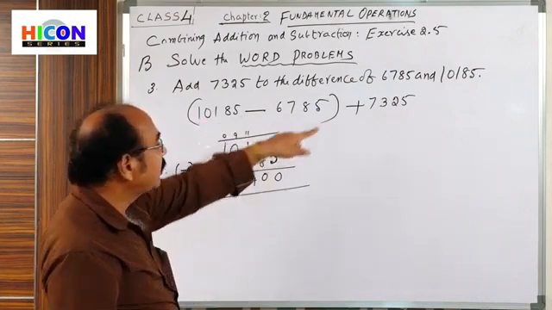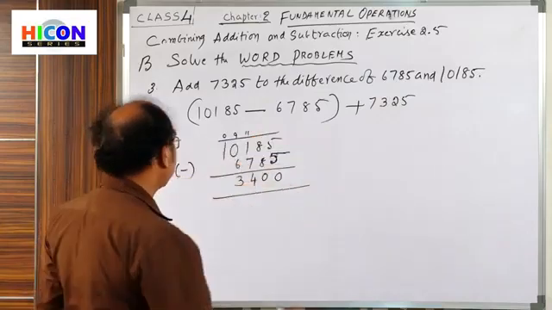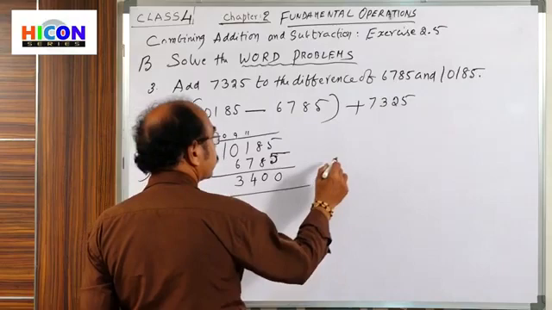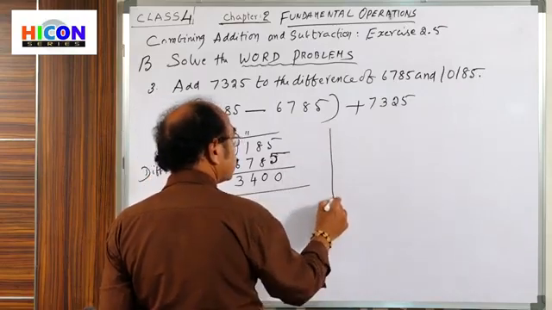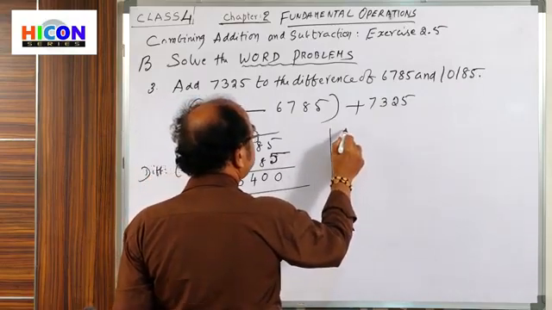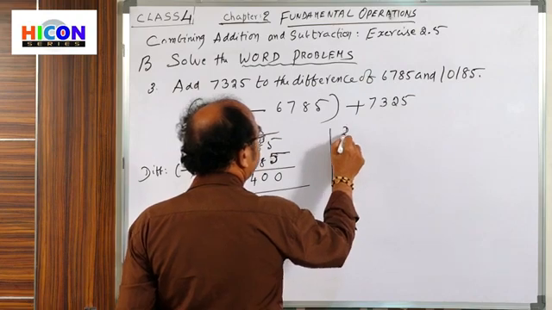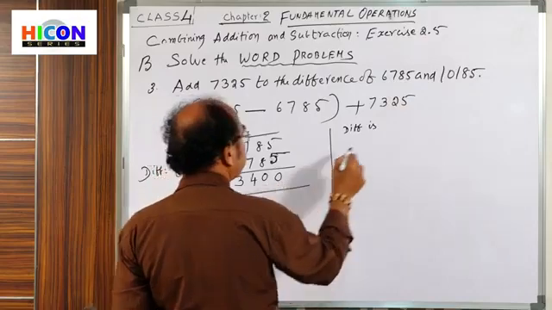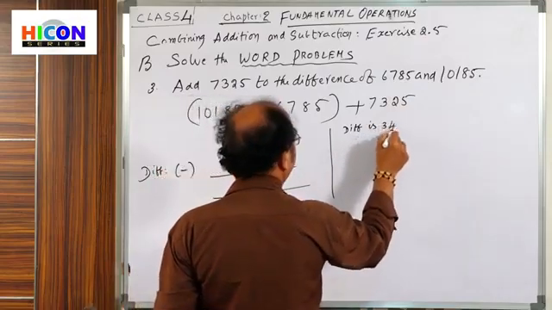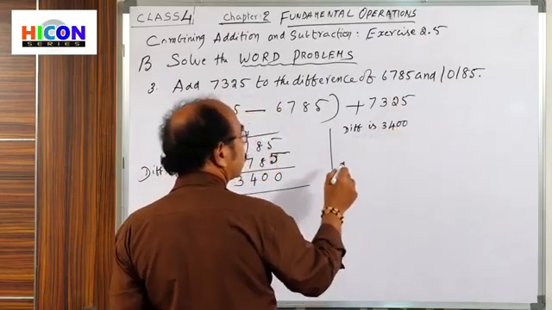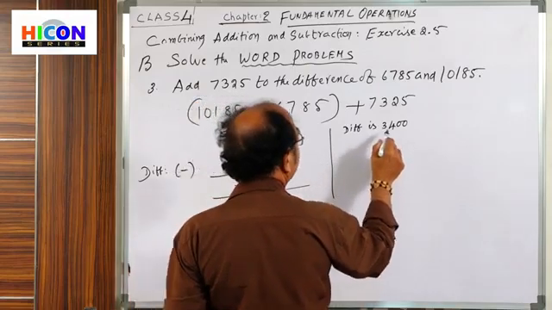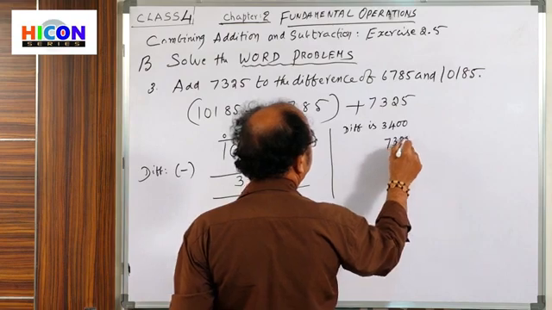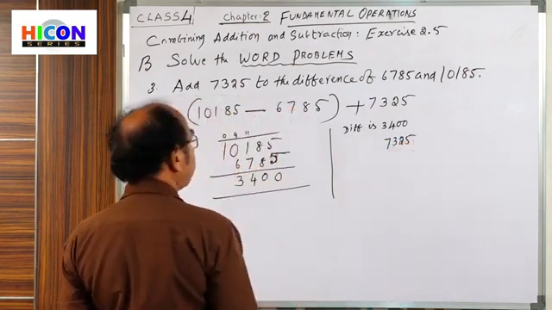To this difference, we add that. So here the difference is, what is the difference? 3,400. To this, what we add? 7,325.